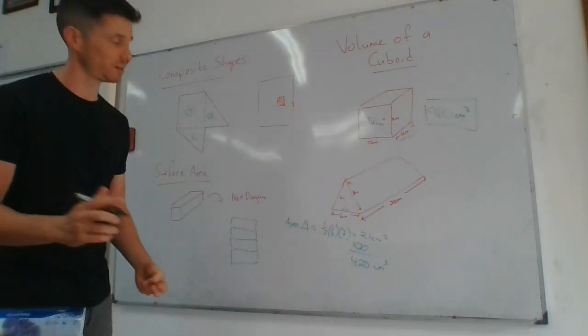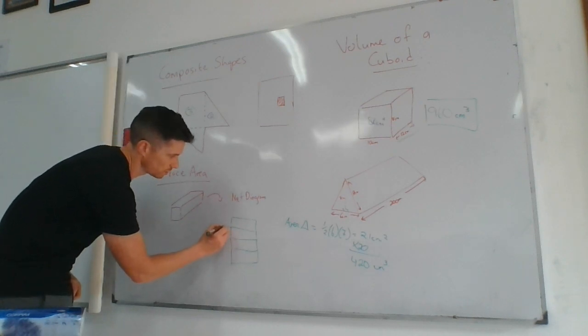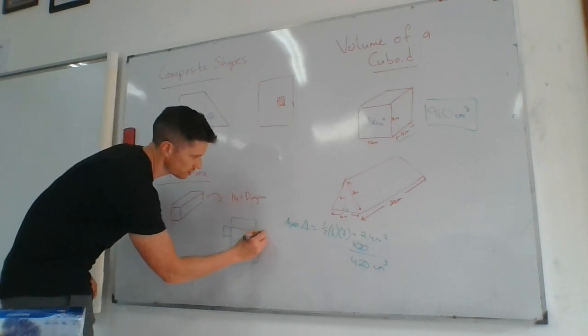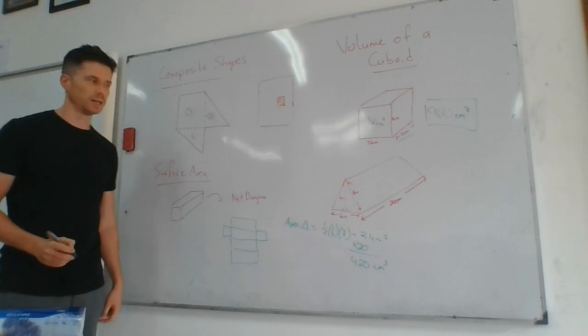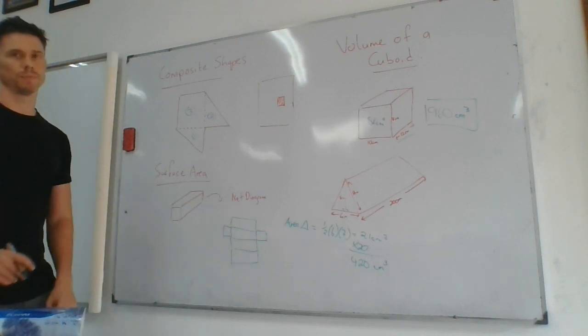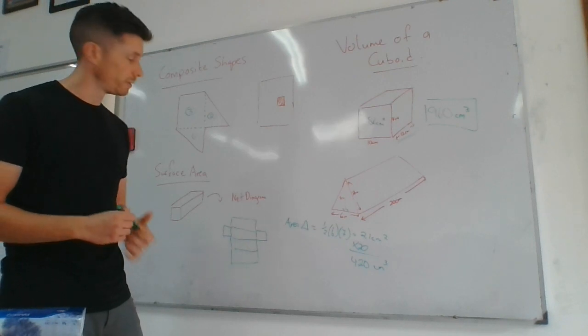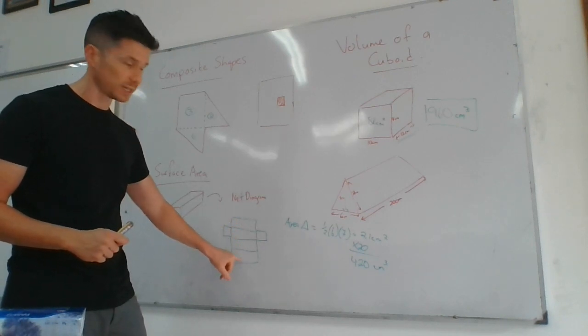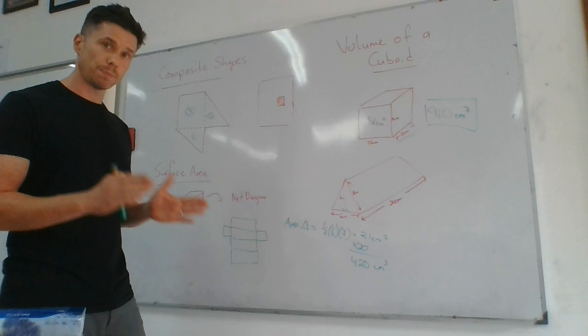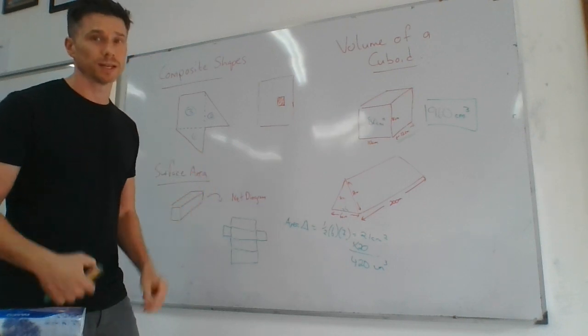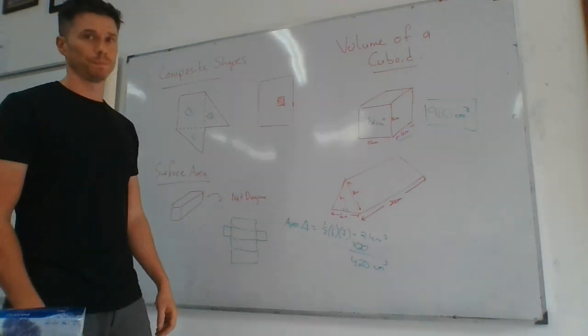So we can attach that to any one of these longer rectangles, and we create a net diagram. Now on a net diagram, we can use it to find the surface area. If we find the area of all these bits together, each bit by bit, 6 different areas, add them together, we get the surface area.